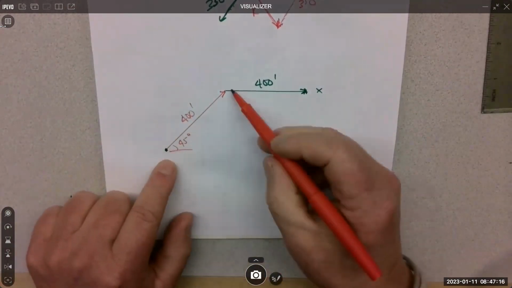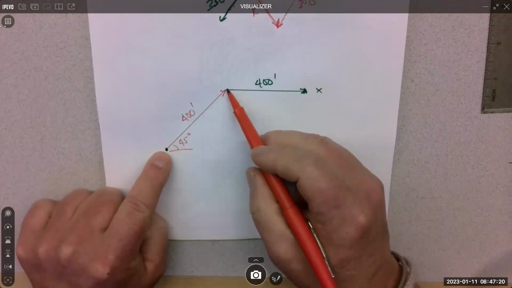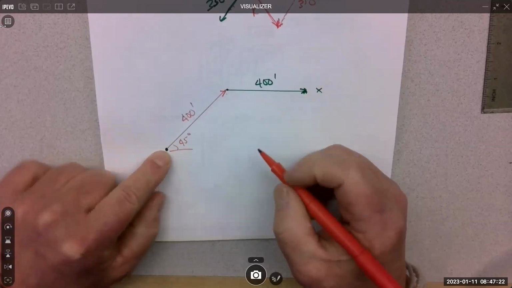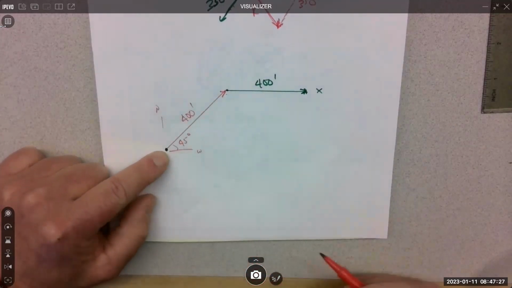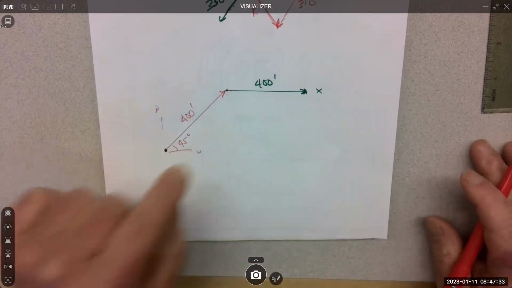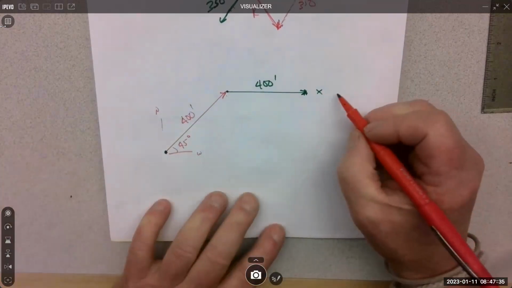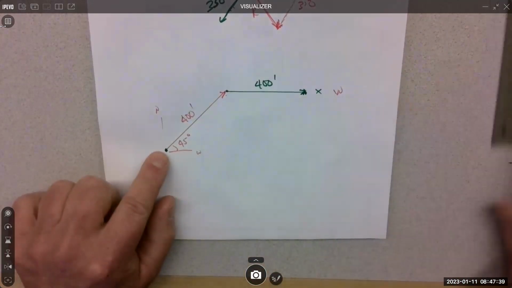So they walk 400 feet, 45 degrees, or what would that be? That would be, this is north, this is west, northwest at 400 feet, right? If it says northwest, that's 45 degrees. And then 400 feet along the X or directly west, how far from their start point are they?